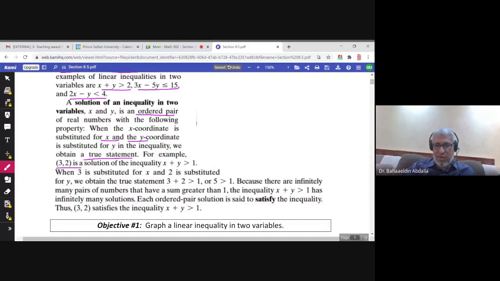For example, the ordered pair 3, 2 is a solution of this inequality because x is 3, y is 2, 3 plus 2 is 5, greater than 1, a true statement. So 3, 2 is a solution of this inequality. Notice that 3, 2 is not the only solution. We have infinitely many solutions of this inequality, x plus y greater than 1.